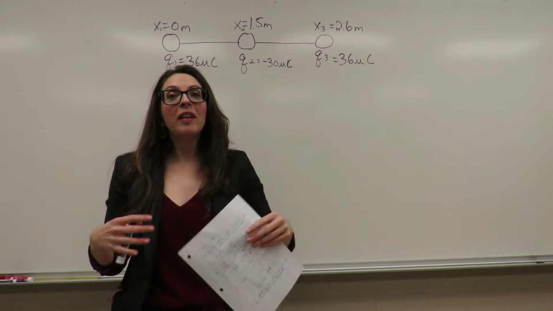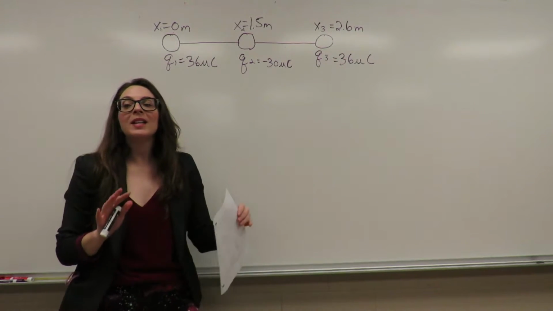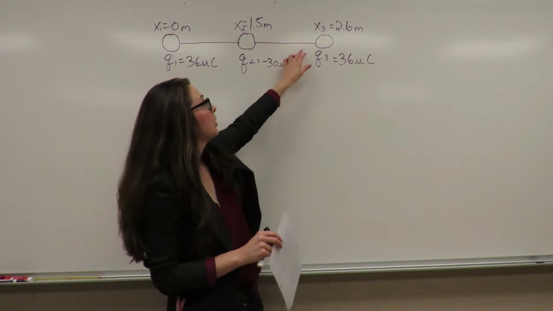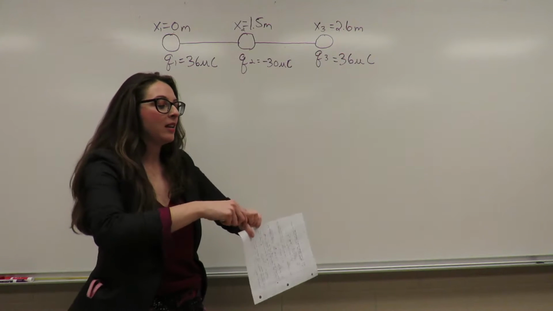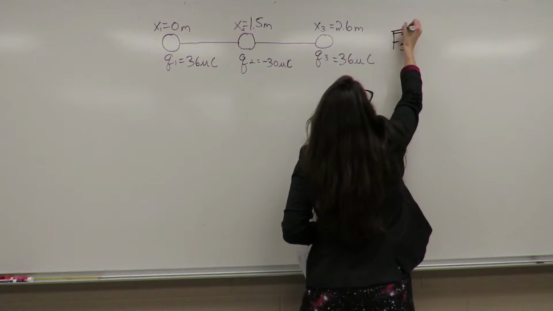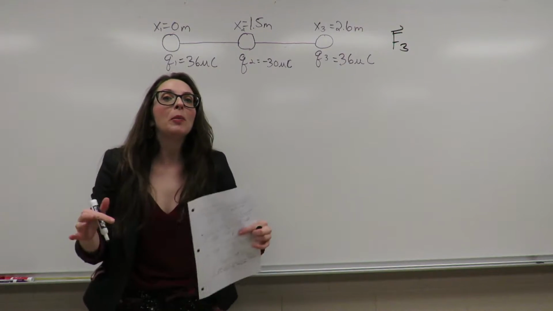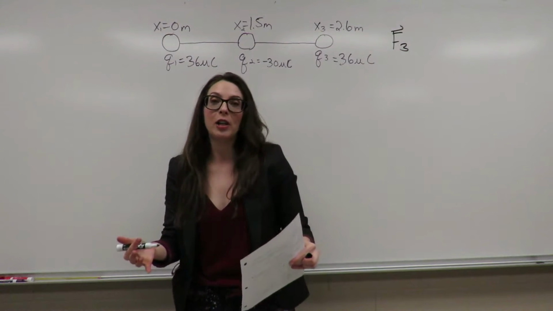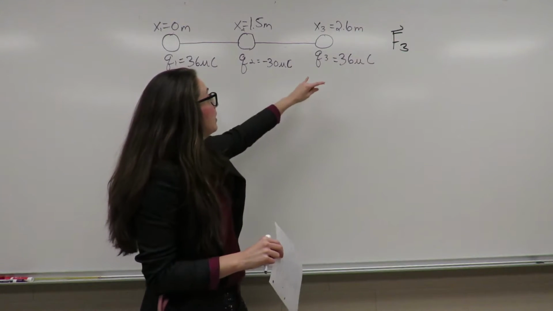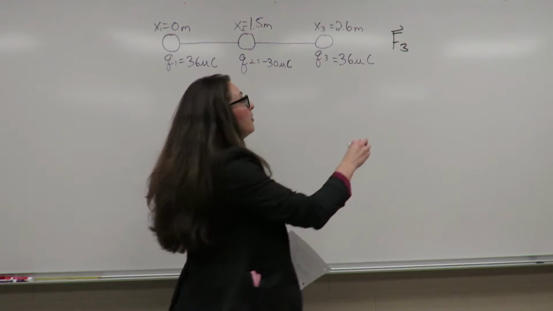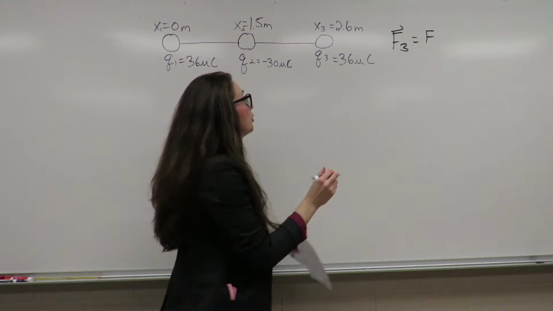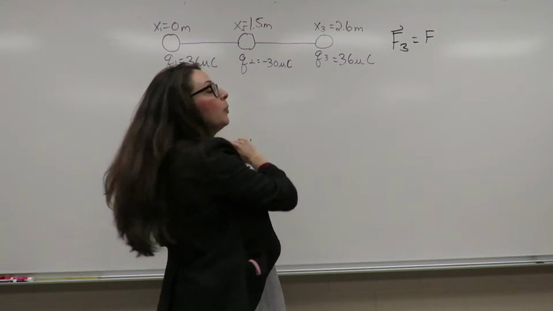The question that we're going to answer is, what is the net force in newtons on this third sphere right here? So we are looking for F3. What does that equal? Remember that forces are vectors. In order to get the force on charge 3, we have to sum up the forces acting on charge 3 from charge 1 way down here at the end.